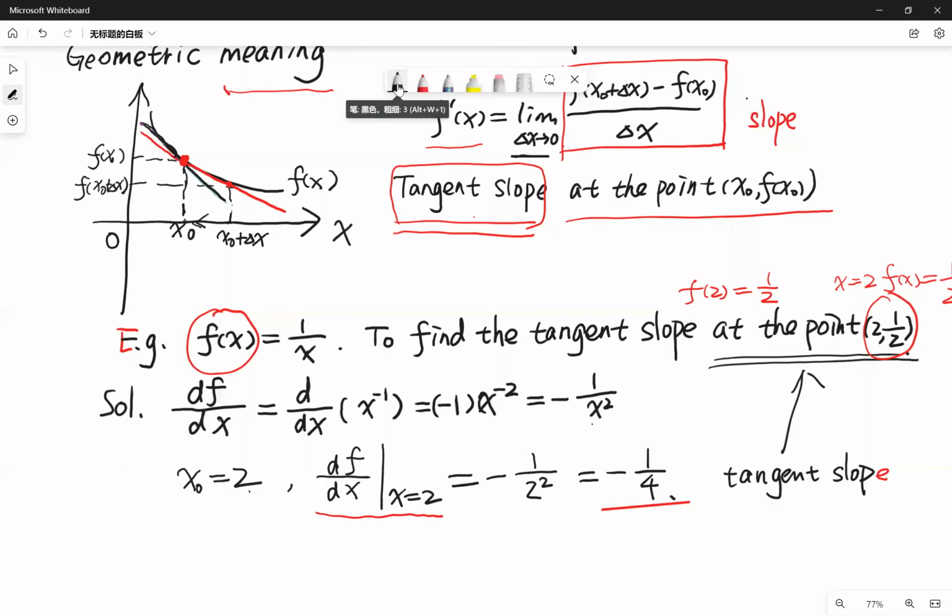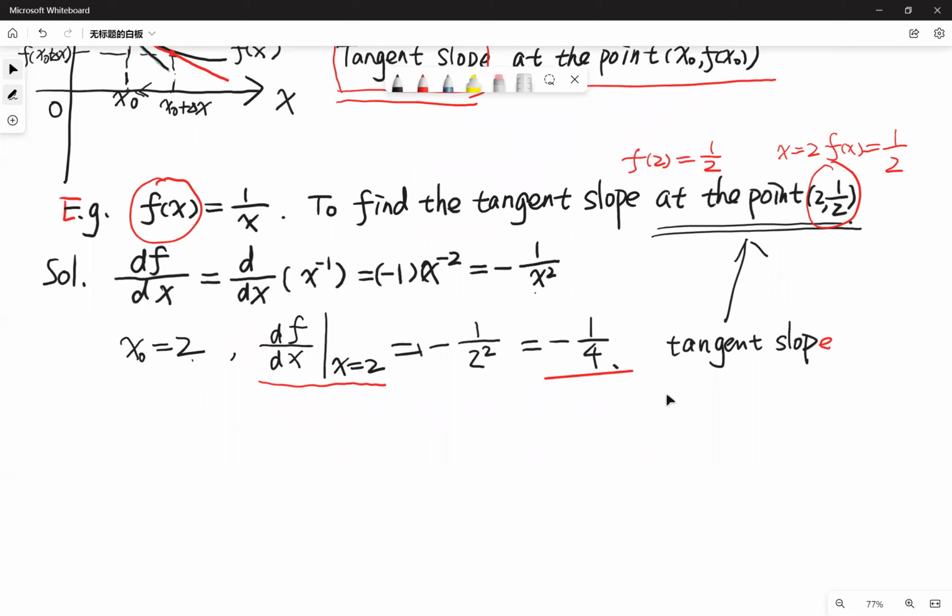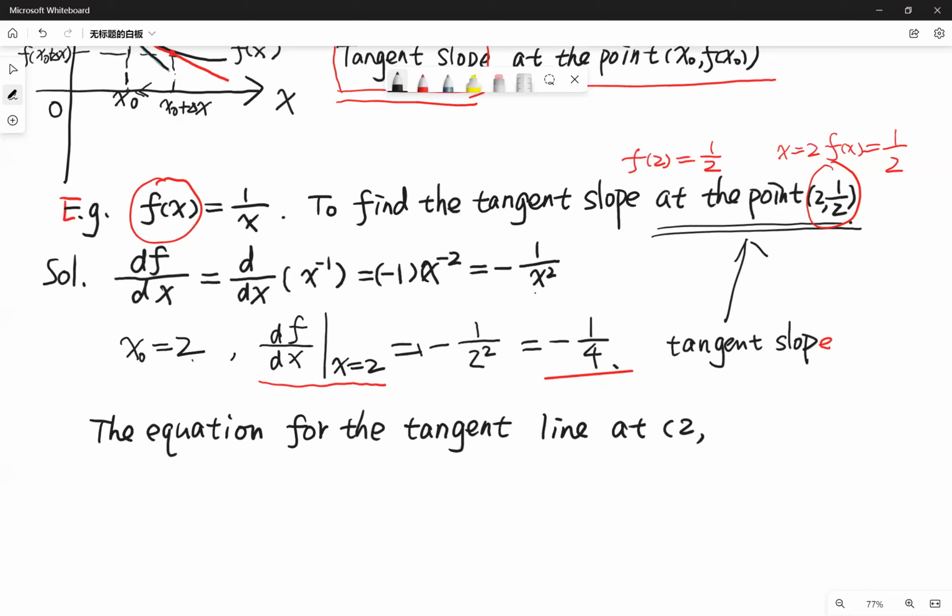In this example, we can find the equation for the tangent line at the point (2, 1/2), with the slope -1/4.